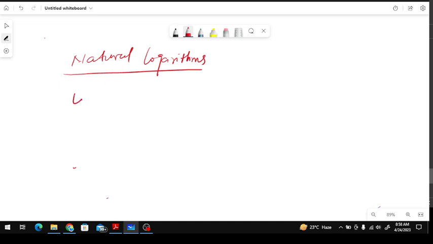We can write log base e of 10, which you can write as ln 10. When we use e as our base for logarithms, we call this the natural logarithm. Depending on the platform, we may use ln instead of log.